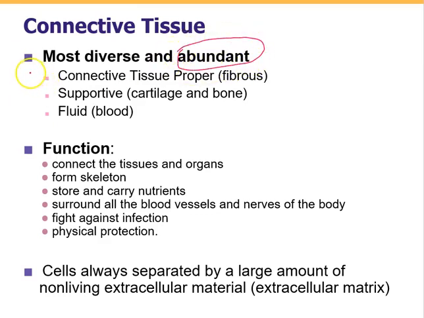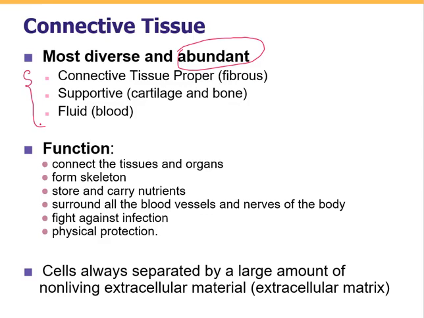We can find three different forms of connective tissue in our body: connective tissue proper or fibrous tissue, supporting connective tissue like cartilage and bone, and fluid connective tissue, blood.